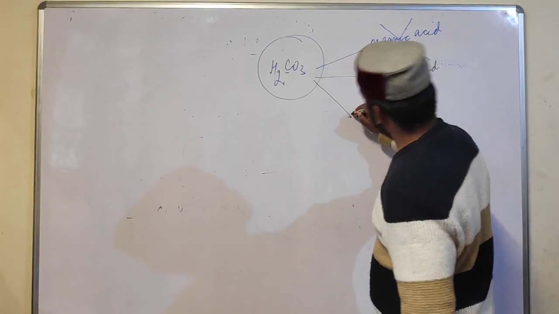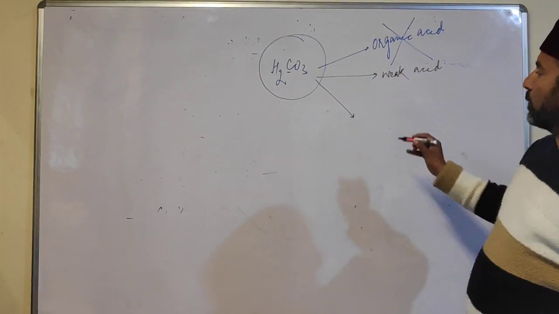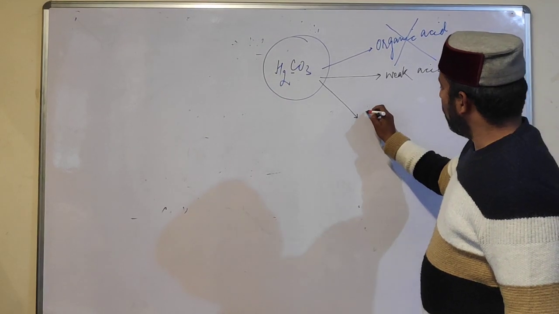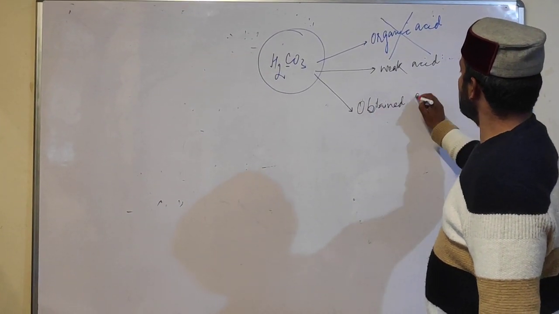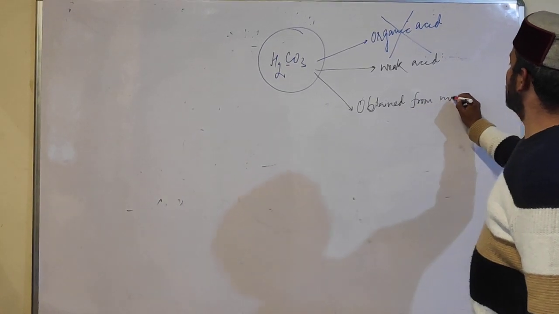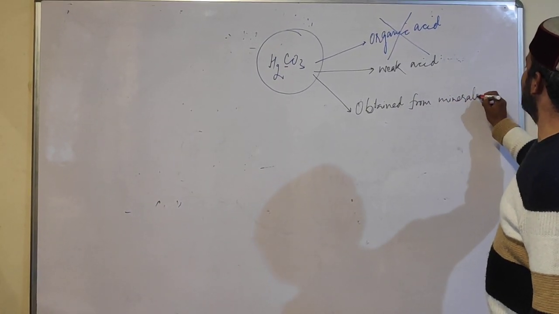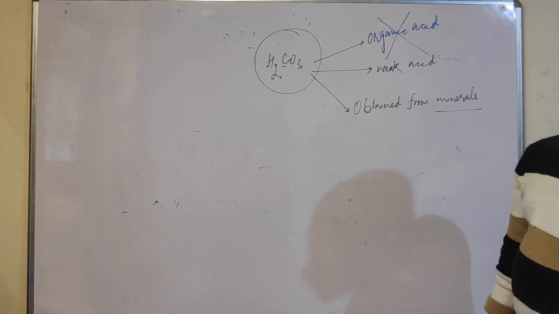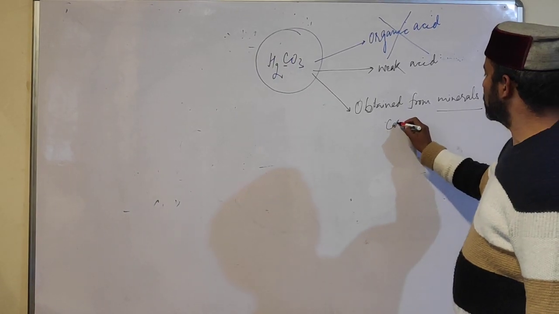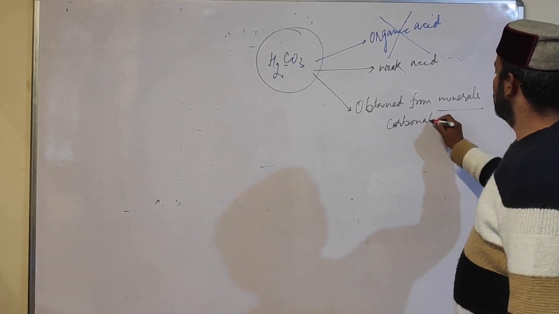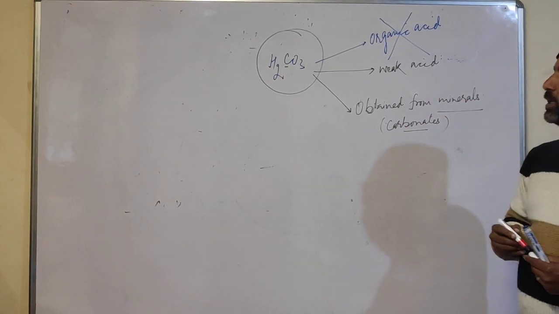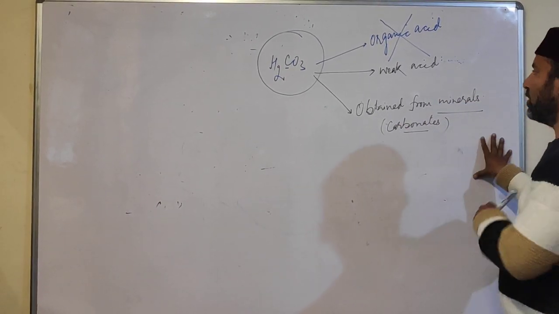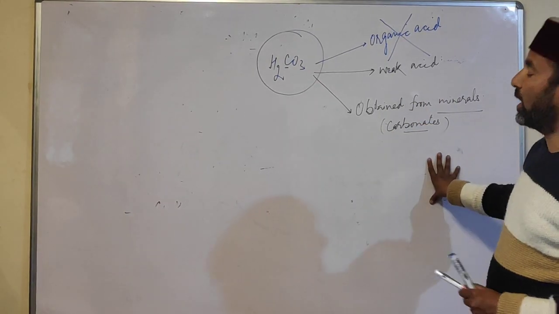क्यों नहीं बोल सकते इसको ऑर्गेनिक? बिकॉज कार्बोनिक एसिड is obtained from minerals. It is not obtained from plants or animals. It is obtained from minerals, generally carbonate ores. वहां से आपको carbonic acid मिलेगा. So since it is obtained from mineral, it is not regarded as an organic acid.